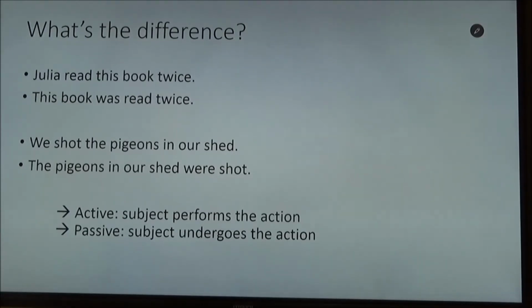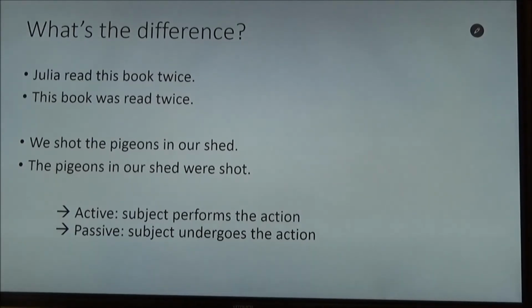So this is the difference between active sentences and passive sentences. In an active sentence, the subject does something, performs an action. In the passive sentence, the subject undergoes an action. So it doesn't do anything, it experiences something.